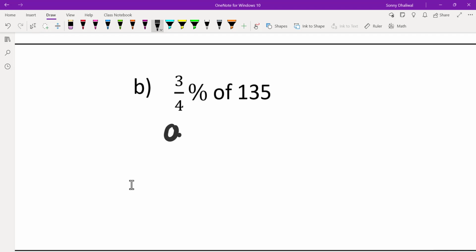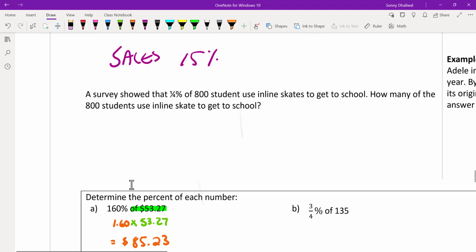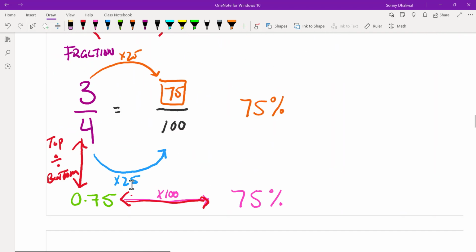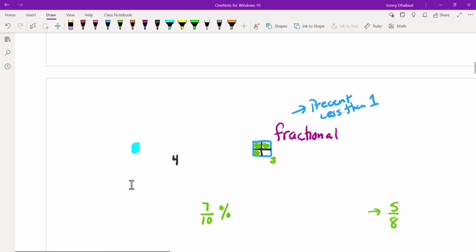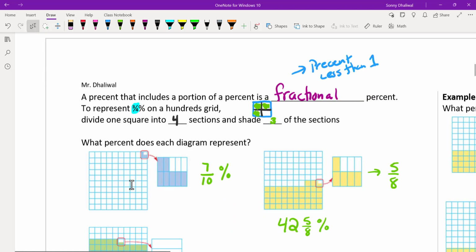So this isn't 75%, right? Remember, when we have a fraction inside of a percentage, it means it is that zoomed in square. A fraction in a percentage means it's a zoomed in square. It means it's actually going to be less than 1%.